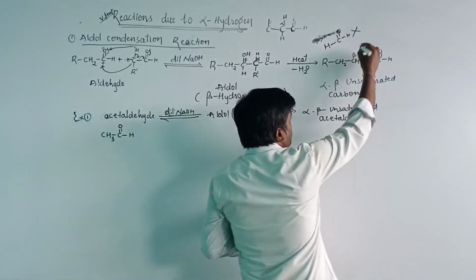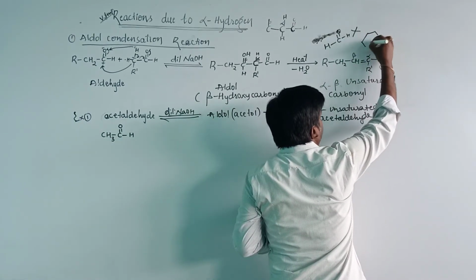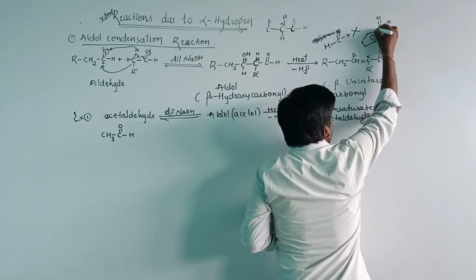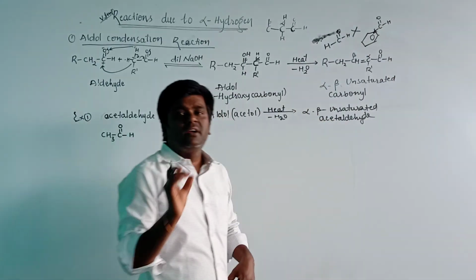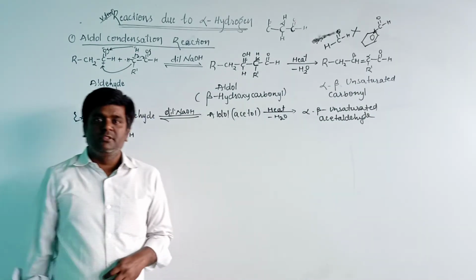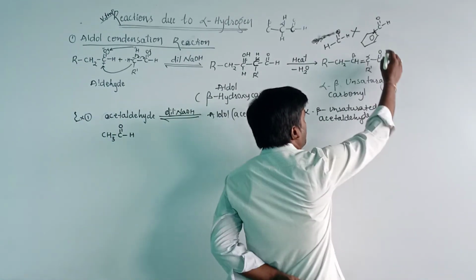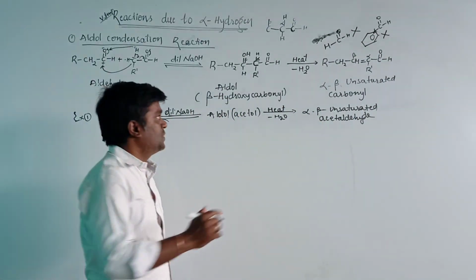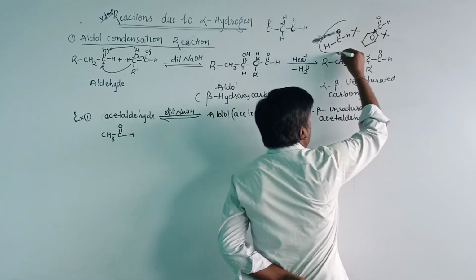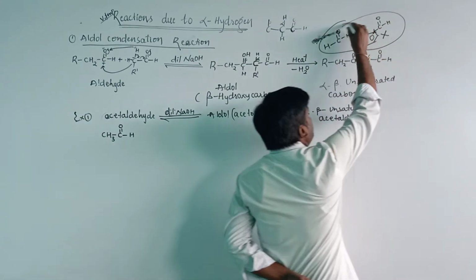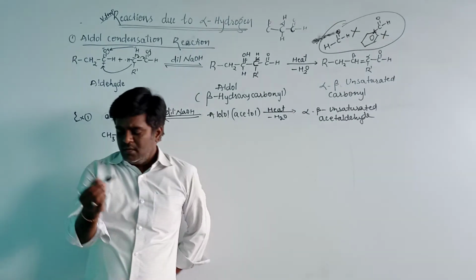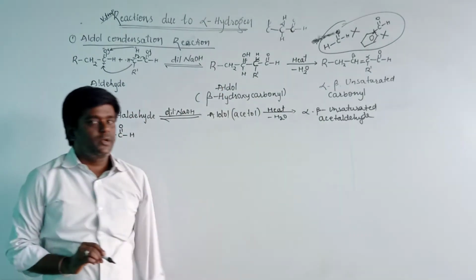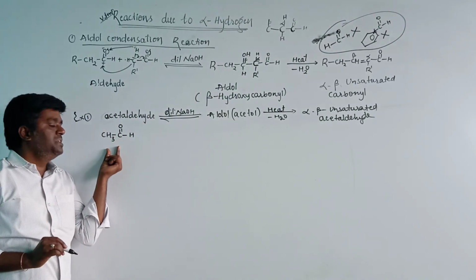Then the aromatic aldehyde, benzaldehyde, here C double bond OH, the alpha carbon atom does not contain any hydrogen atoms, therefore benzaldehyde also will not show the aldol condensation reaction. Okay. Here formaldehyde and benzaldehyde will not undergo aldol condensation. And therefore I am taking the second member, that is acetaldehyde.